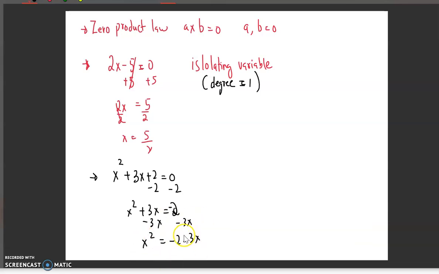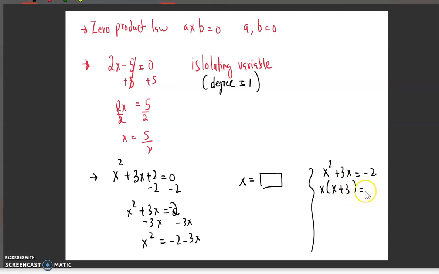I can't solve it. So remember, solving means you should be able to have x equals some number. And in this scenario, no matter what I do in juggling it around, I won't be able to keep x on one side. In the past, students have suggested to me, when we're at this point, when I ask them what can you do, they say, well, why don't you take an x out?